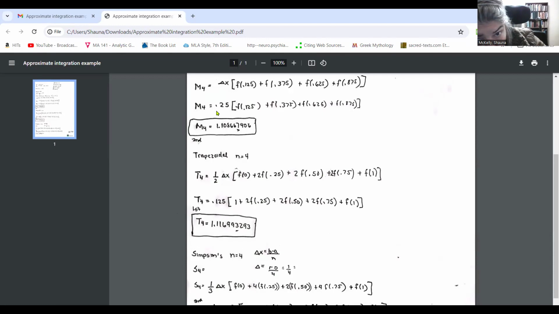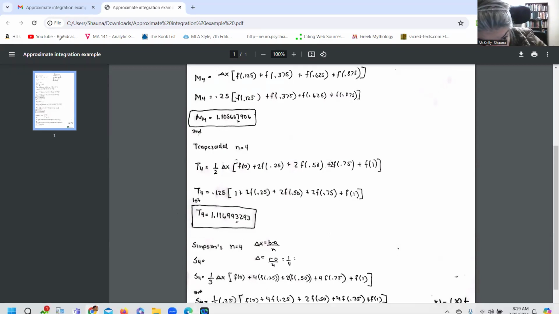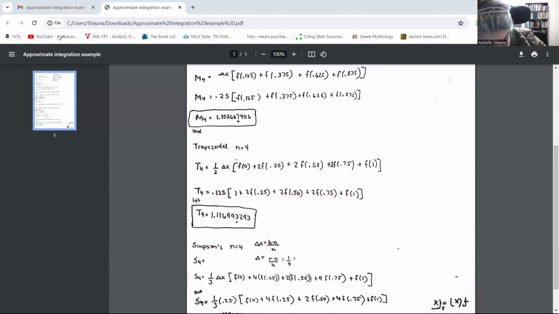So what's happening here is that here's my curve, and we have 4 subdivisions.